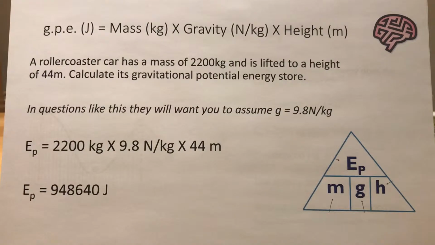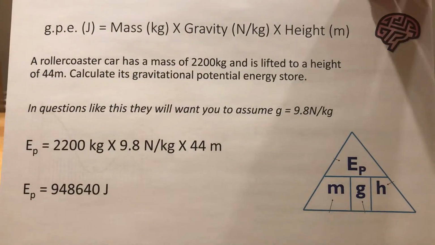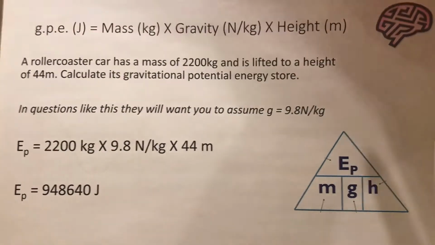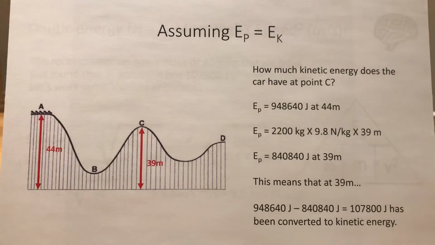We've worked out how much gravitational potential energy the roller coaster car has when lifted to 44 meters. Let's see how we can use that for the next question. Now, we make this assumption that all of the gravitational potential energy is converted into kinetic energy. And the question now says, how much kinetic energy does the car have at point C?